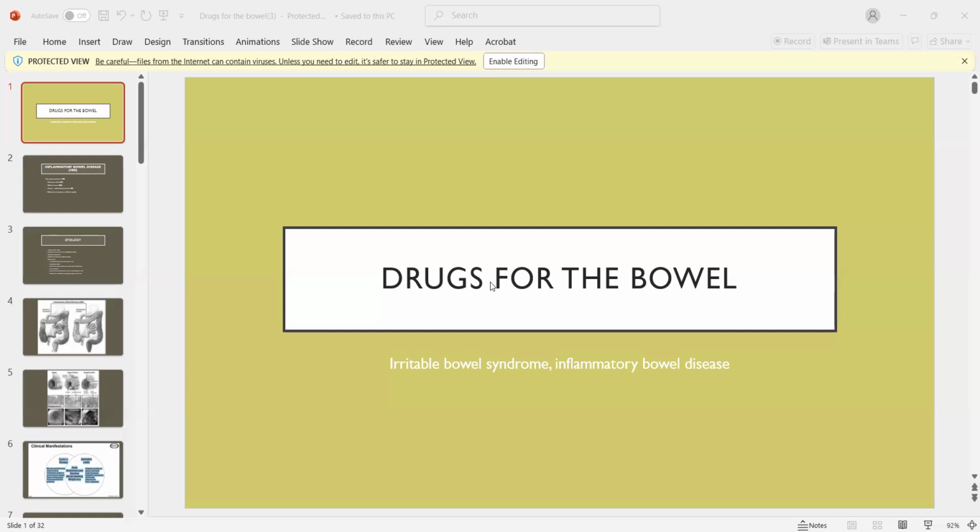Steroids are used to drive the flares into remission. You don't use these for long-term treatment. These come as oral preparations, of course. They also come for ulcerative colitis, rectal. Corticosteroids, it's a rectal foam. The one that's used the most is budesonide, which I don't think is on there. So budesonide that's used for asthma also comes in a rectal foam.